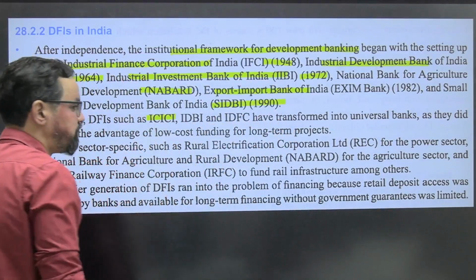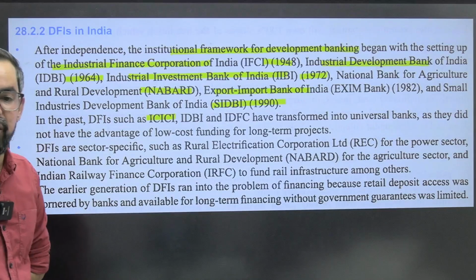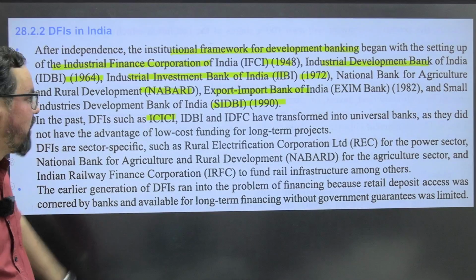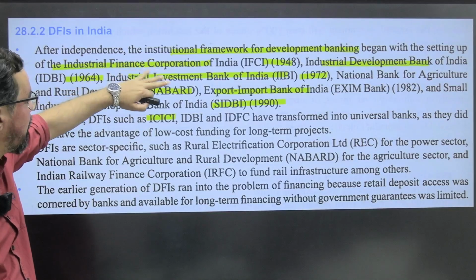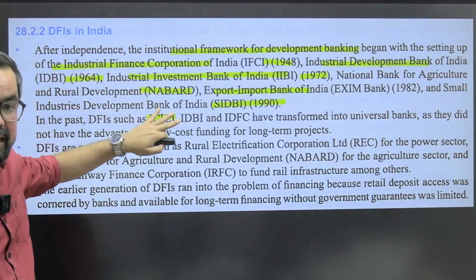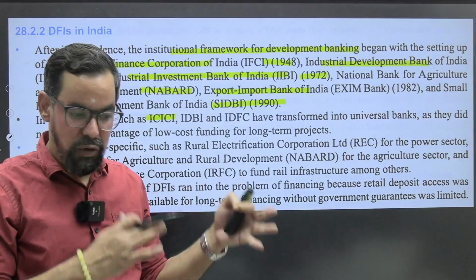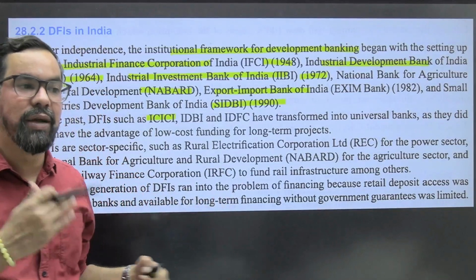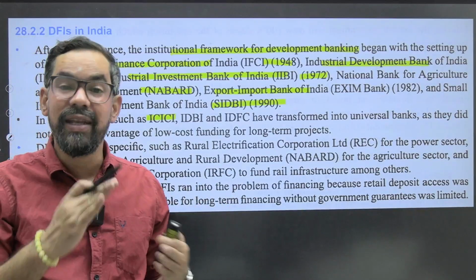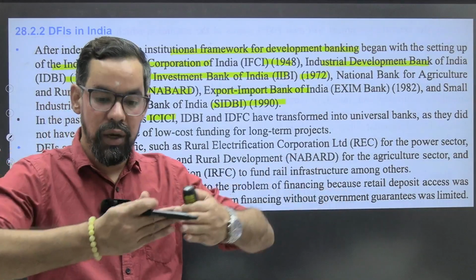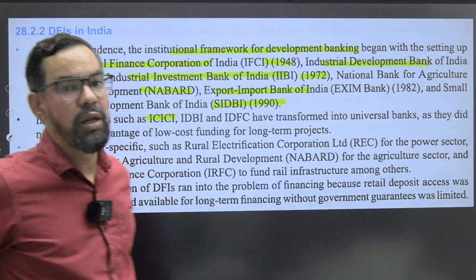ICICI was established in 1955, one of the largest DFIs at that time, and now it has become a commercial bank. Even IDBI also, and HDFC. Initially they did not have that much faith from retail customers, but now they are among the leading commercial banks in the country itself. So they are raising funds from retail investors and lending to larger projects also.